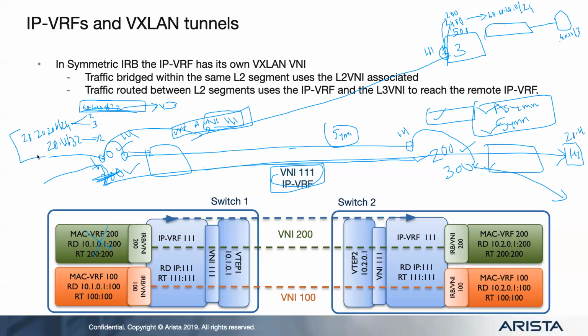Out of these two routes, it will prefer this one by longest prefix match, and it will send the packet only to VTEP 2. That's the reason we learn this as well as this, and why the /32 is important in a mix of symmetric and asymmetric. Got it now, thanks. Okay, any other question?